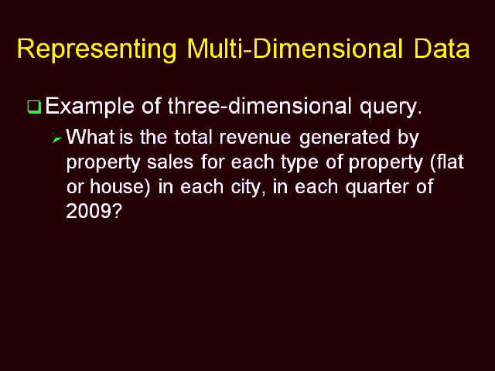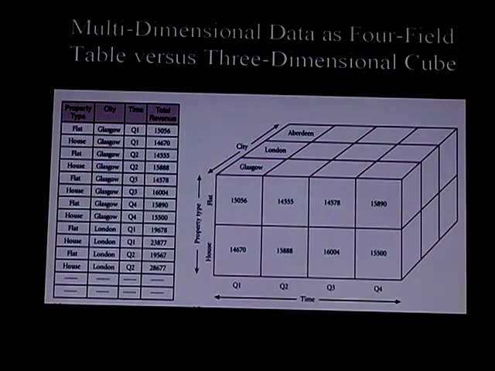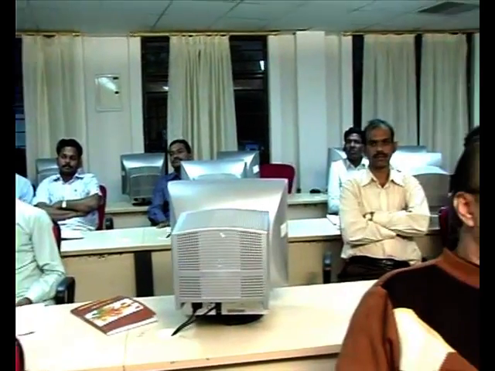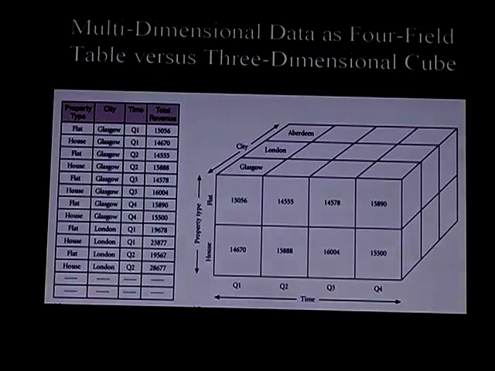The total revenue is calculated and shown here. So if you see the diagram, when one more dimension is added, the two-dimensional representation became a three-dimensional representation, which we call a cube. So this is a cubic physical structure.